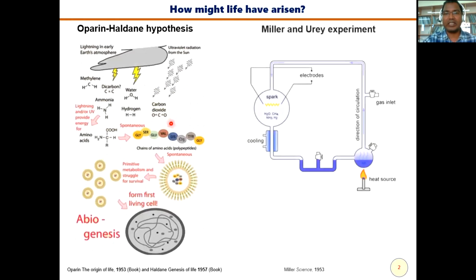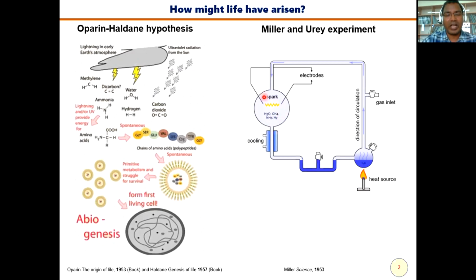Then later in 1953, Miller and Urey did an experiment to test the hypothesis of Oparin and Haldane. They built a closed system containing a heated water pool and a mixture of gases, which they thought were present in the early atmosphere.